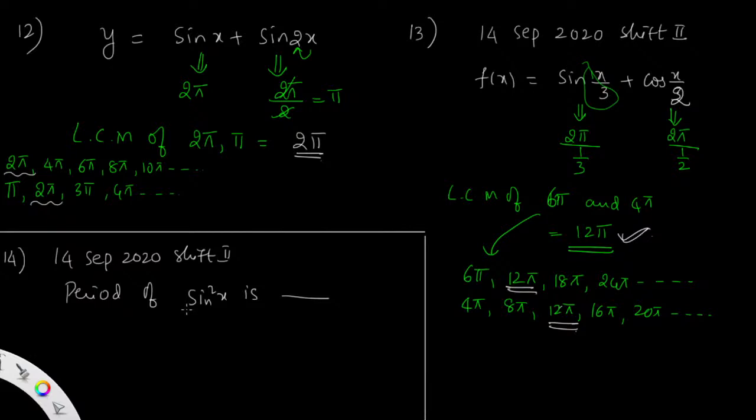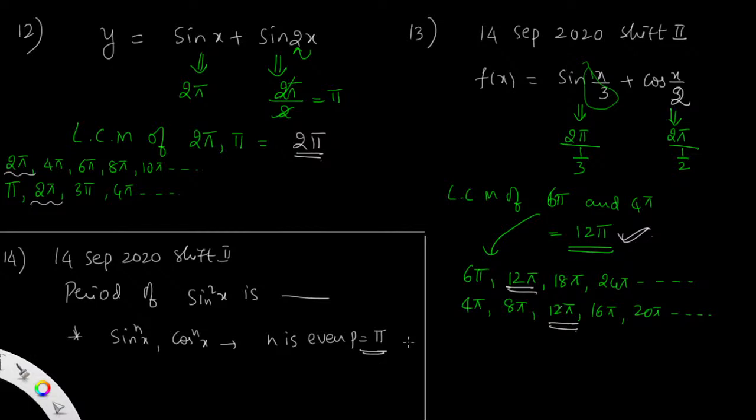Not 4 pi. First formula given: for sine power n x and cos power n x, where n is even, the period is equal to pi. If n equals 2, which is even, the value is obviously pi.